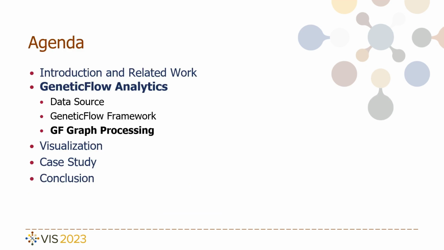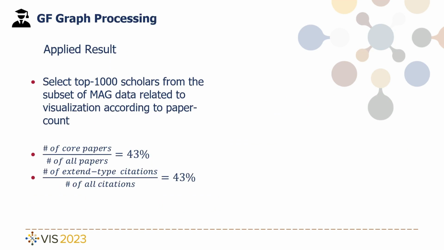After building the dataset, we apply GF algorithms to obtain profiles of the top 1,000 scholars in the field, ranked by their paper counts. The number of core papers for each scholar decreased to 43% of the full GF graph on average, and the number of extend-type citations is estimated to be 45% of all citations, under a probability threshold of 0.4.